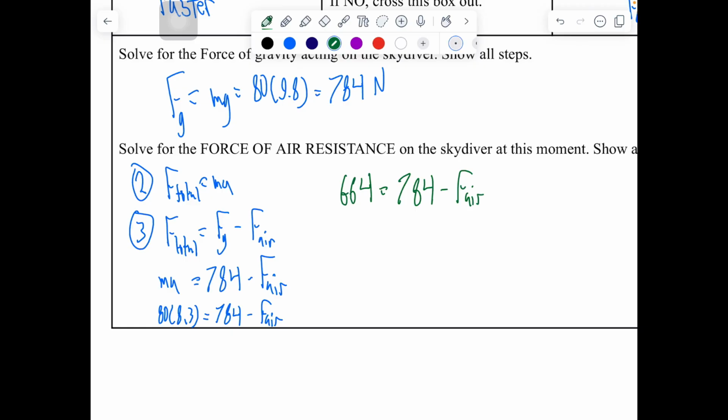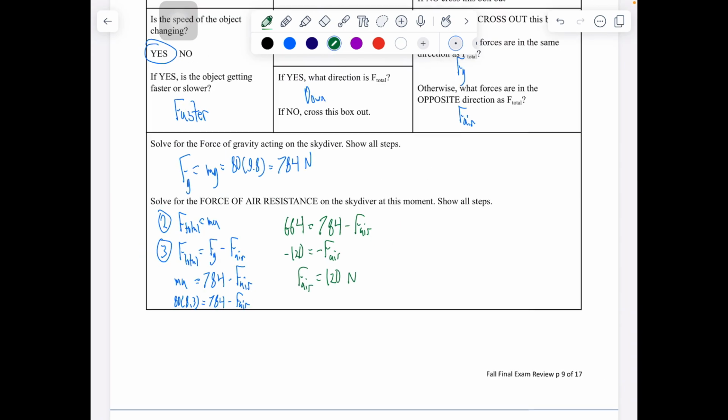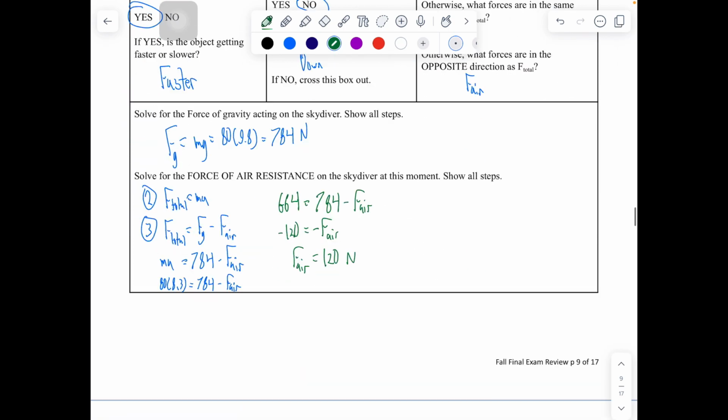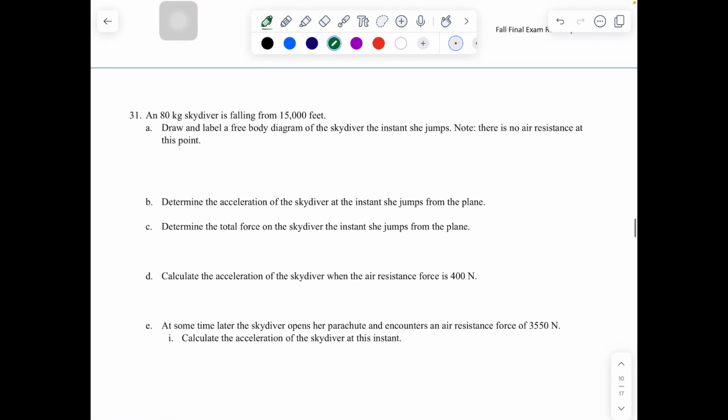And we can subtract 784 from both sides, and we get, okay, minus 120 equals our negative air. So air resistance is 120 newtons. There we go. All right.